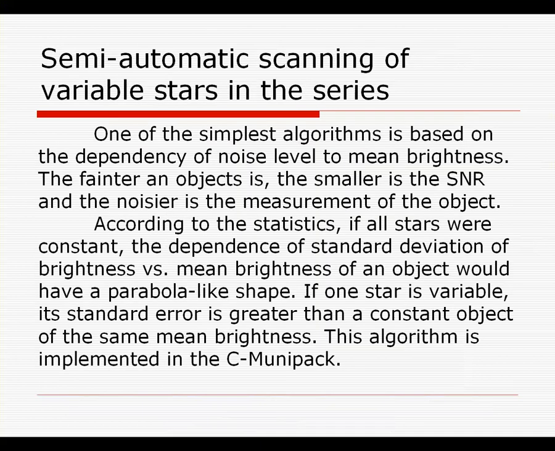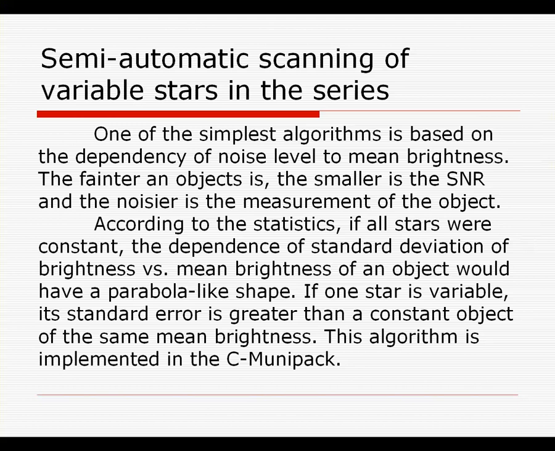So one of the simplest algorithms is based on the dependency of noise level on mean brightness. The fainter the object is, the smaller is the SNR, signal to noise ratio, and the larger is the standard error estimate.